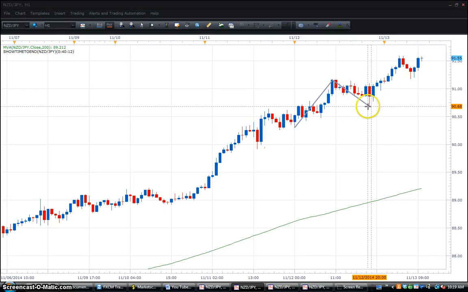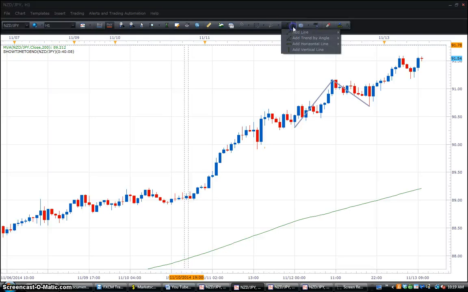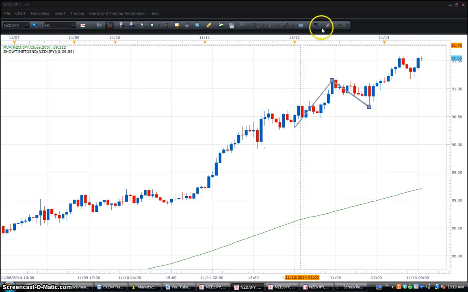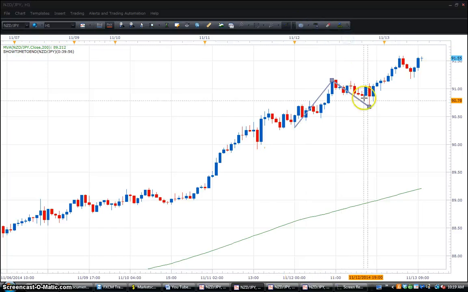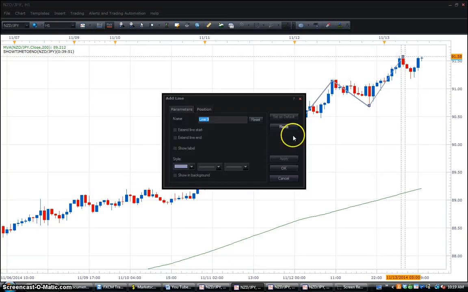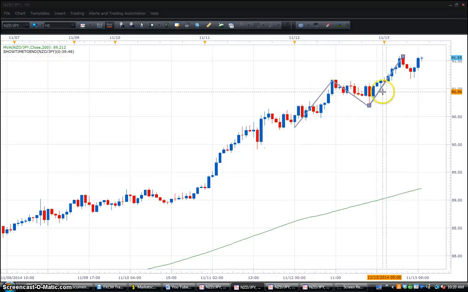And then we see a C move that moves all the way up. Sorry about that. Hang on one second here. Okay, and this would be our C move back up in this direction to the upside. So we've got our A move, a B move, and a C move.